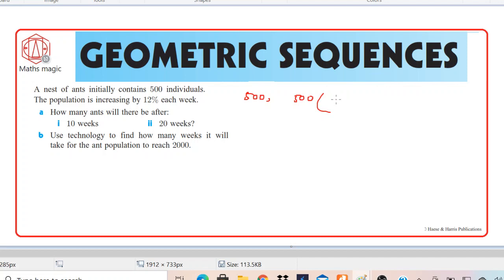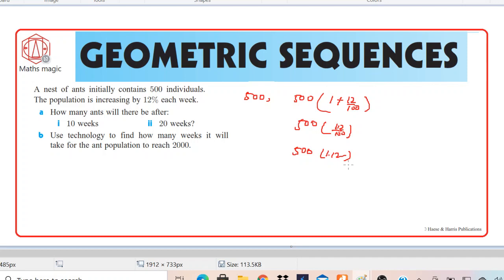If you can recall, increment by 12%, we can write it like this: 1 plus 12 by 100, or simply 112 upon 100, or 1.12. So next week the population is going to be 500 times 1.12.